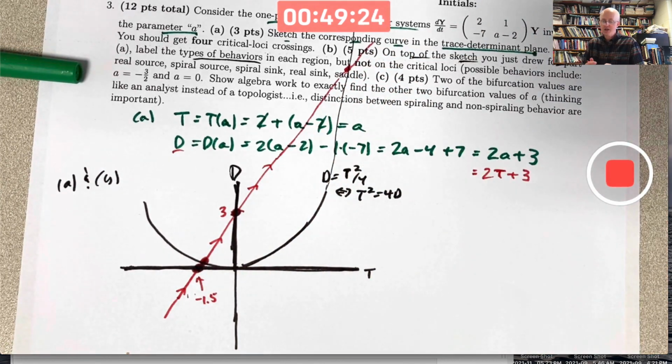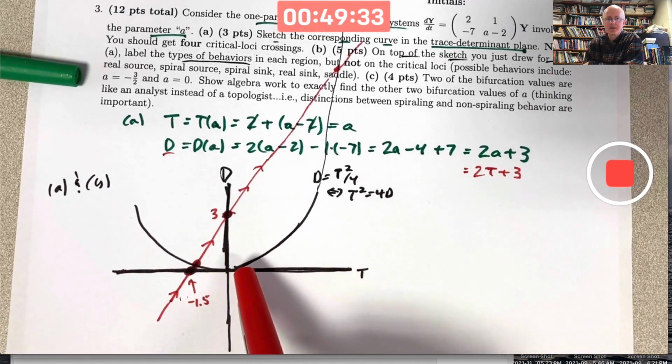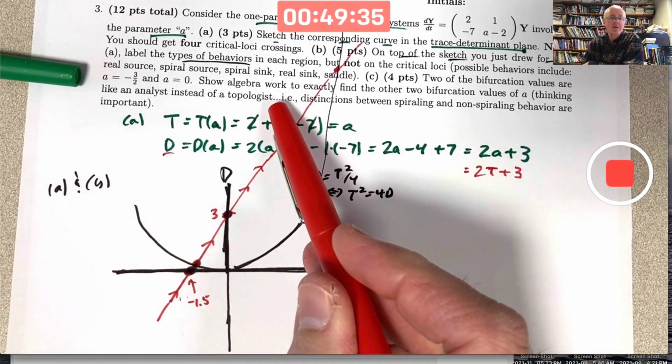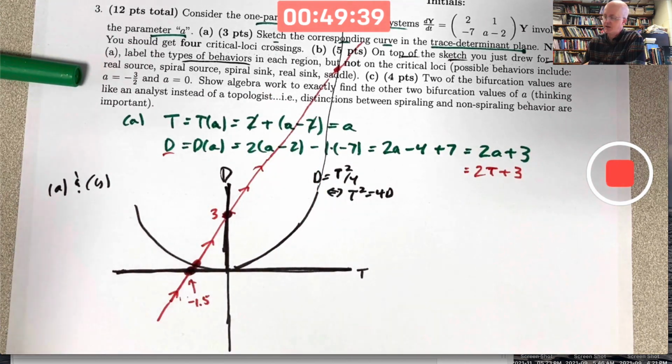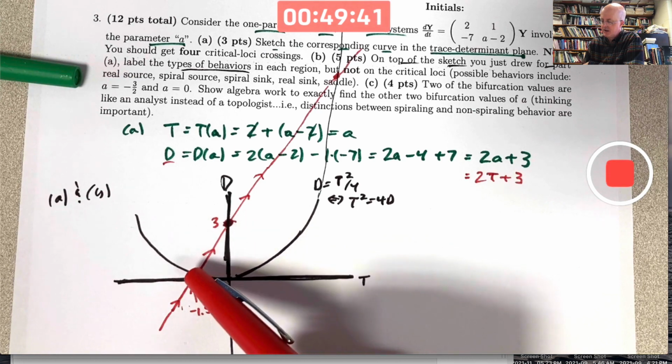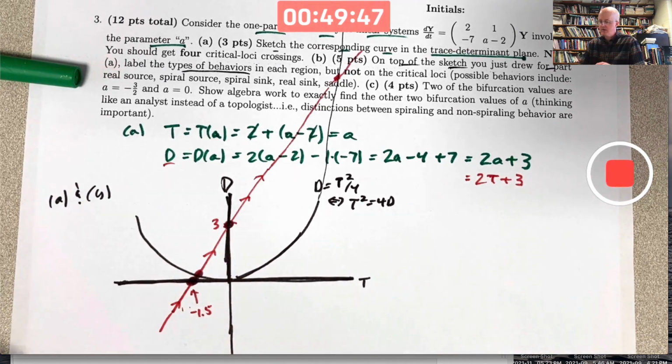There's going to be 4 bifurcation points. These are what I call analytic bifurcation points. A topologist, I talk about that here, doesn't care about spiraling versus not. That's a little bit of an exaggeration, but a topologist would not care about transitioning from non-spiral to spiral or vice versa, but we will.